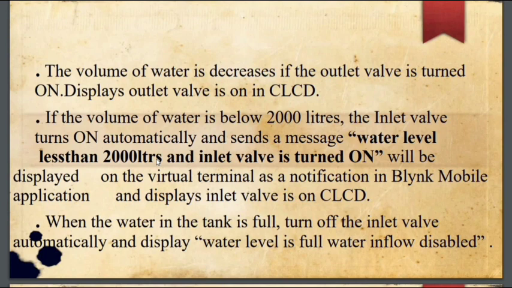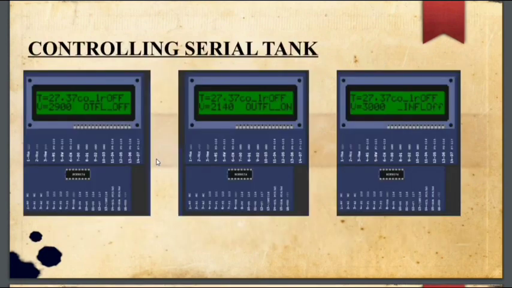If the volume of the water is below 2000 liters, the inlet valve turns on automatically and sends a message, water level less than 2000 liters and inlet valve is turned on, which is displayed on the virtual terminal as a notification in the Blynk mobile application, and inlet valve is on is displayed on the CLCD. When the water in the tank is full, the inlet valve is turned off automatically. Full means 3000 liters here, and it displays water level is full, water inflow disabled.